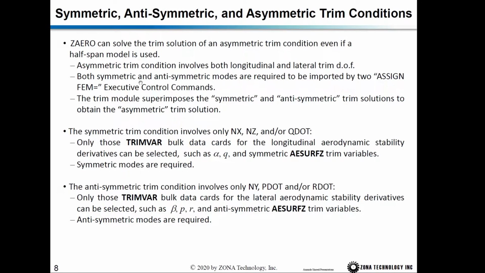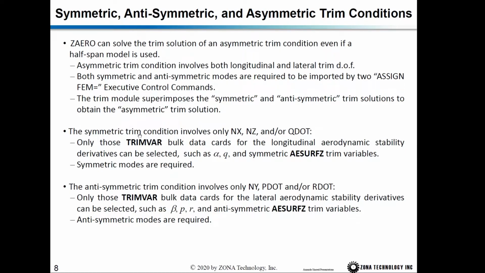So you have to import the symmetric and anti-symmetric modes by two assigned FEM executive control commands. At the end, the trim module superimposes the symmetric and anti-symmetric trim solutions to obtain the asymmetric trim solution.